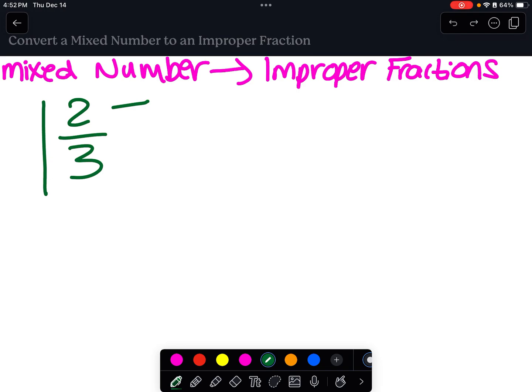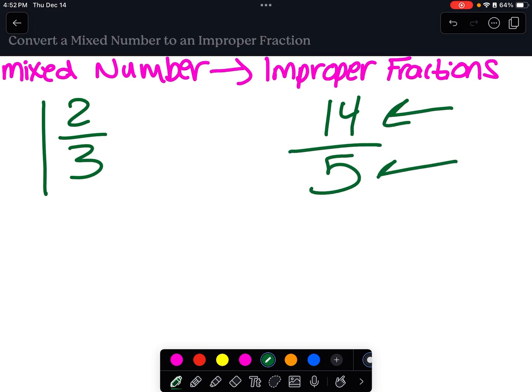An improper fraction is one where the numerator is greater than the denominator. Those distinctions are helpful for understanding what we're actually trying to do.